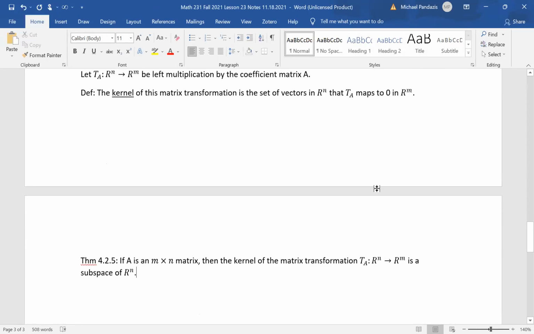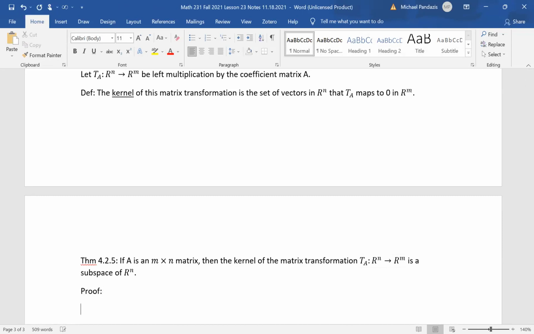Okay, so every object in the kernel is something in the domain. So the kernel is made up of things in Rn, and it's either a vector subspace of Rn or it's not. To show it's a vector subspace, you can show it's closed under addition and scalar multiplication. Two vectors in the kernel are two things that T sub A maps to 0. If you add them, T sub A will map the sum to 0.